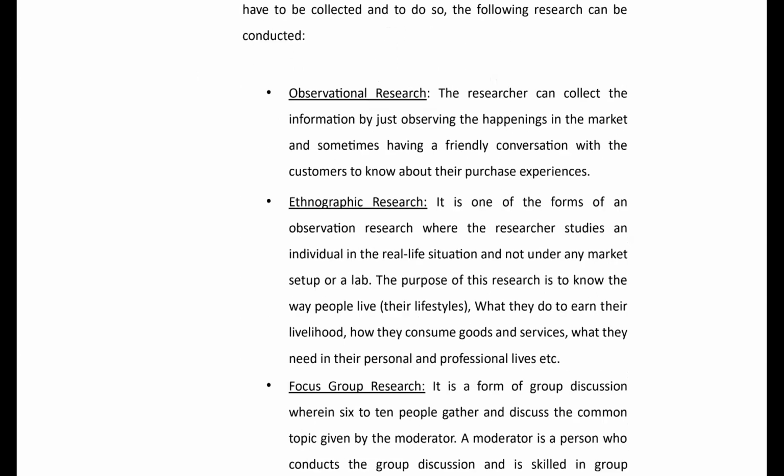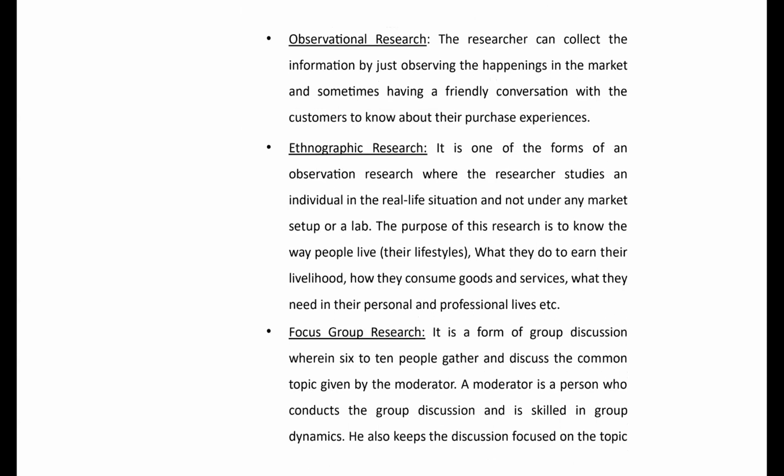When you want to deal with primary data, you can conduct observational research. When conducting observational research, you as a researcher can collect information by just observing the happenings in the market. And sometimes you can have a friendly conversation with the customer to know what their purchase experiences are. This is where you do observational research.